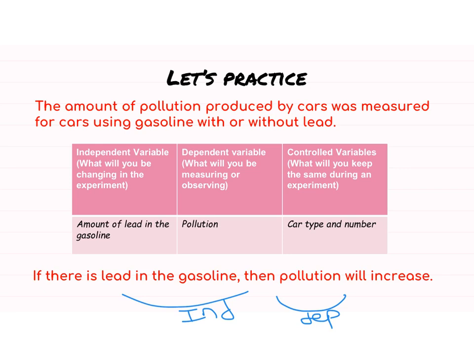So again, if there is lead in the gasoline, this is related to the independent variable. Our prediction related to the dependent variable will be then pollution will increase. So this is one of the hypotheses that we may write for the given case above.